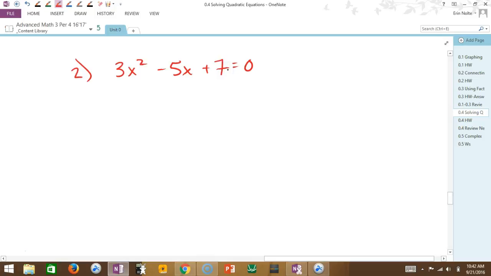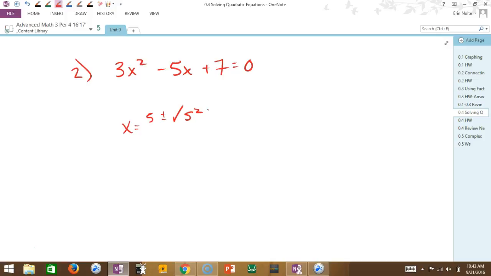Okay, so quadratic formula: what's my negative b value? 5. So, 5 plus or minus b squared. Is everybody okay with making sure that you don't say negative 5 squared? Let's just say 5 squared, because I can't tell you how many people will type negative 5 squared in the calculator, and it will pop out negative 25, and they'll say, oh, it's negative 25.